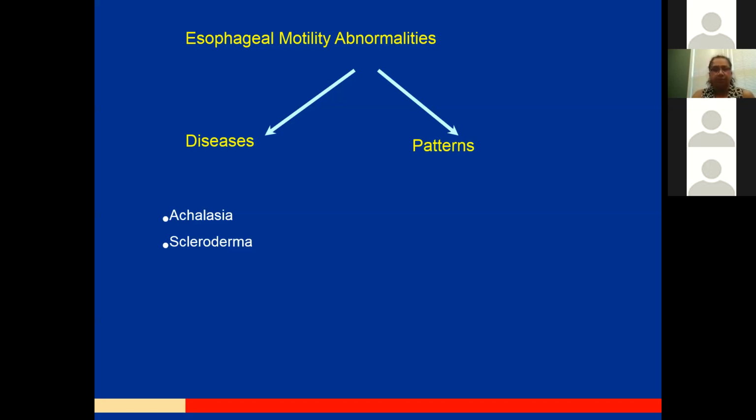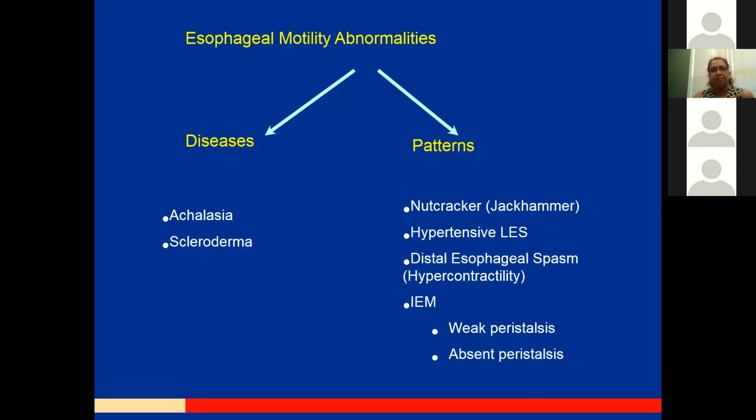Yes, that's scleroderma. And then we had a lot of other patterns, and these included nutcracker, hypertensive LES, distal esophageal spasm that we now call hypercontractility, and then IEM, or ineffective esophageal motility, which is kind of a grab bag when we can't explain a lot of other things.